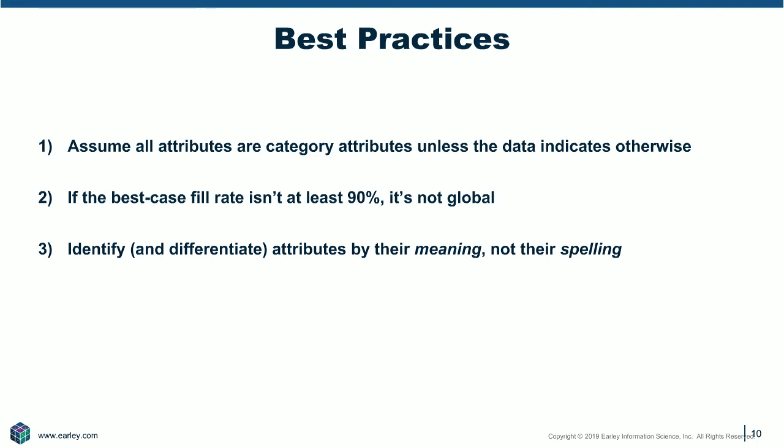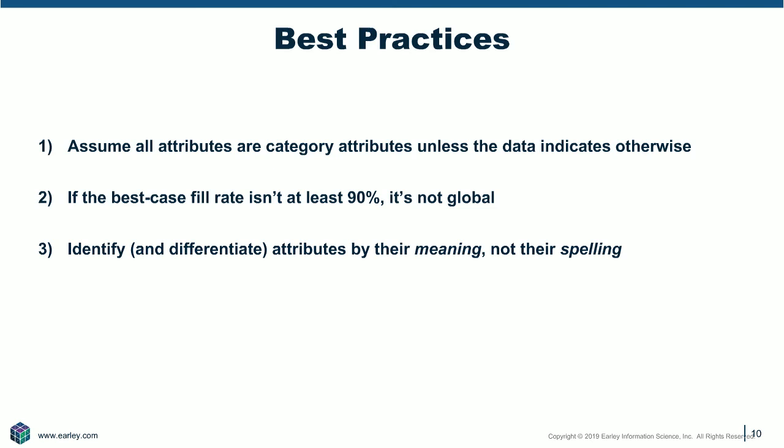Best case fill rate is in a perfect world, where I think every one of my suppliers is going to be able to populate every single value that's relevant to their products. Well, if you look at an attribute that you've set up as global, and you think that more than 10% of your selection can't be populated at all, that's probably a sign it shouldn't be global.